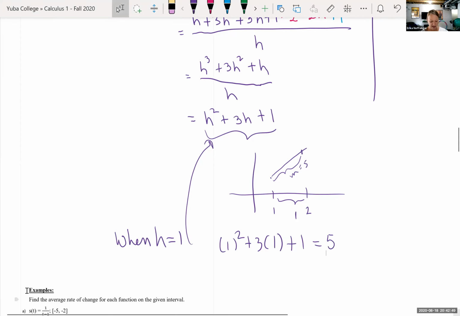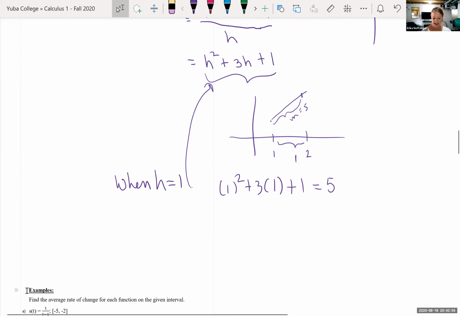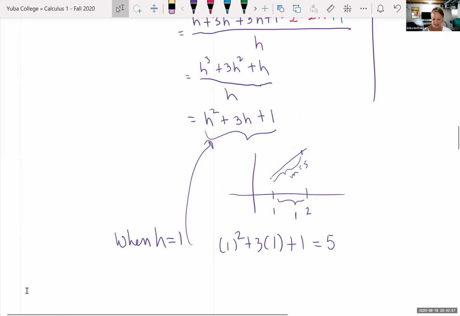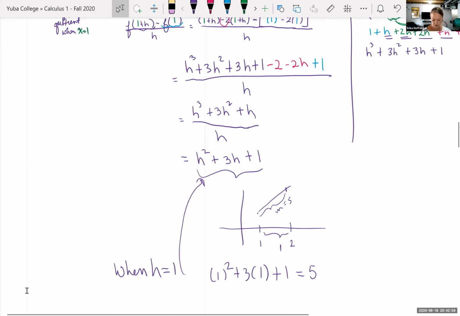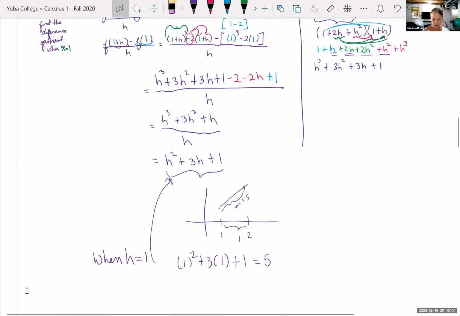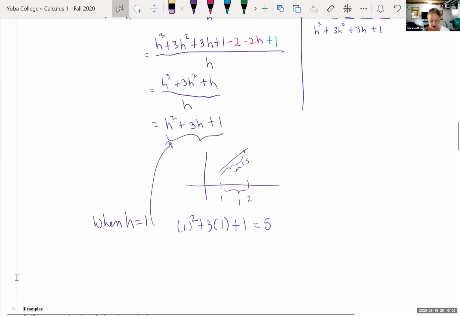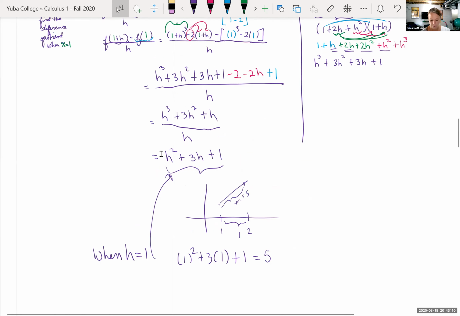So we could find the average rate of change, technically, if we make that h value smaller and smaller and smaller, going to 0. This is going to be really helpful. So we want to see what's happening at this. I'm going to go in, and we're going to look at this h squared plus 3h plus 1.